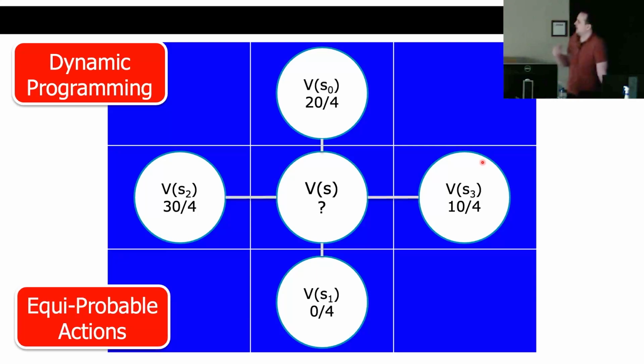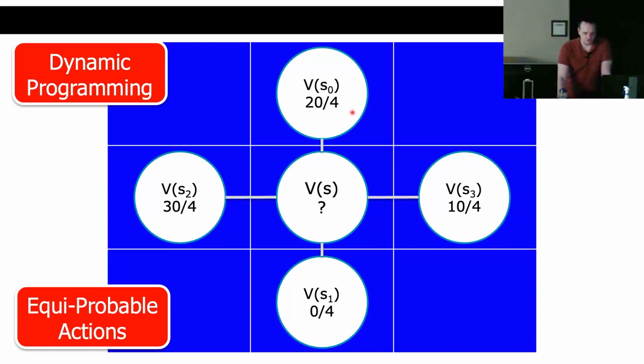So if we have a 1/4 chance of getting 20, and a 1/4 chance of getting 30, and a 1/4 chance of getting 10, and a 1/4 chance of getting 0, well, you may say here, okay, let's do this math in our head without having to compute any decimal places. 30 divided by 4. That's not a trivial calculation to do. So here's a little tip for this.